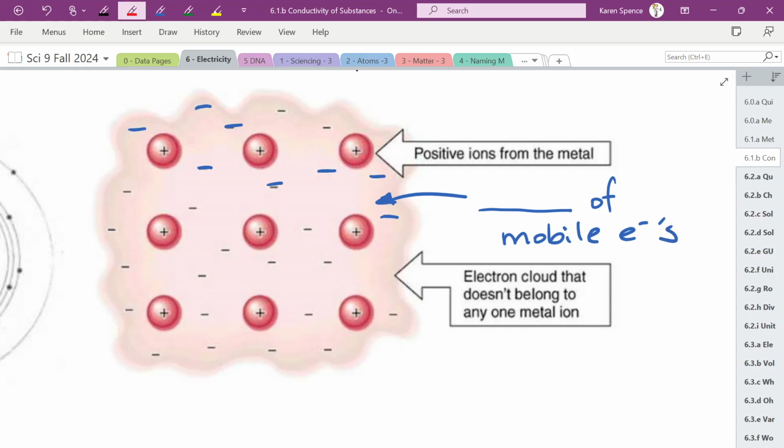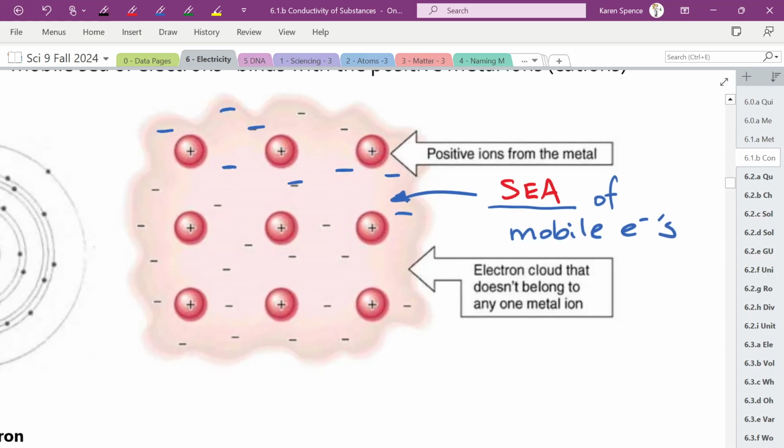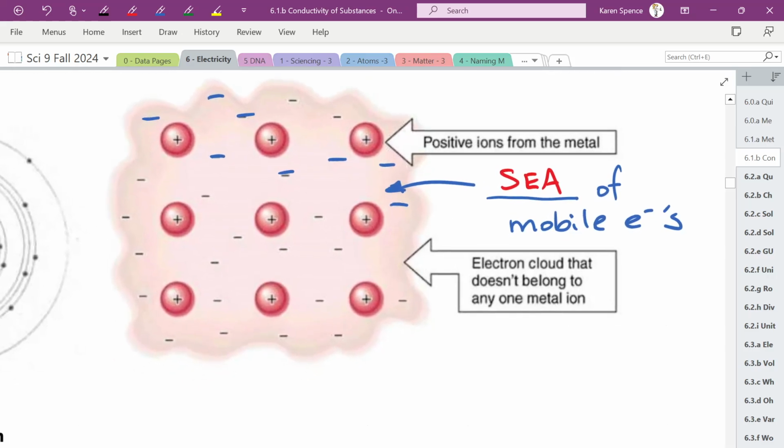That's a sea of mobile electrons. What's floating in the sea? Actually, I shouldn't say floating because they're stuck in place.